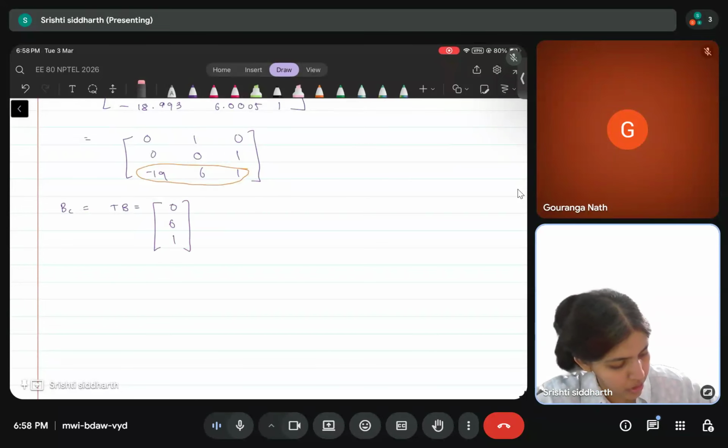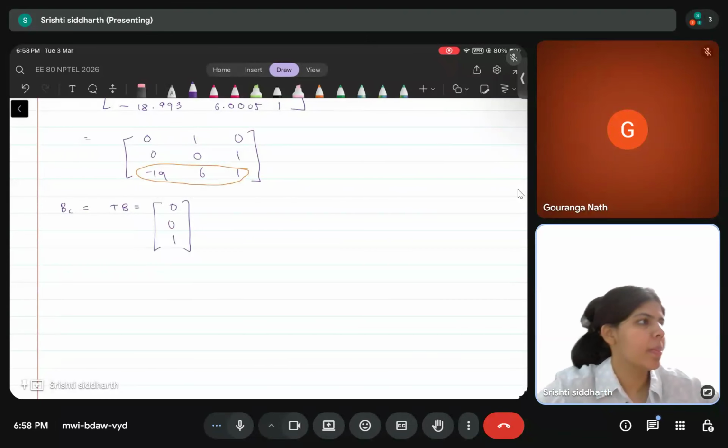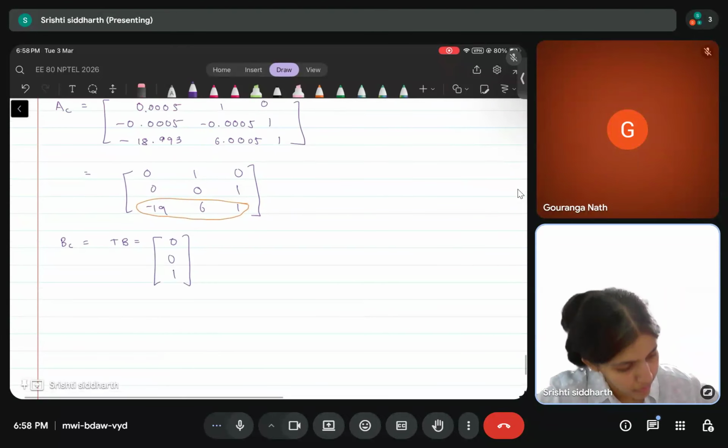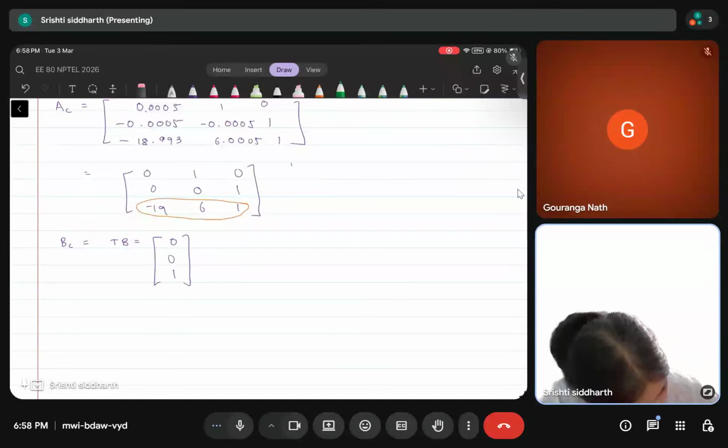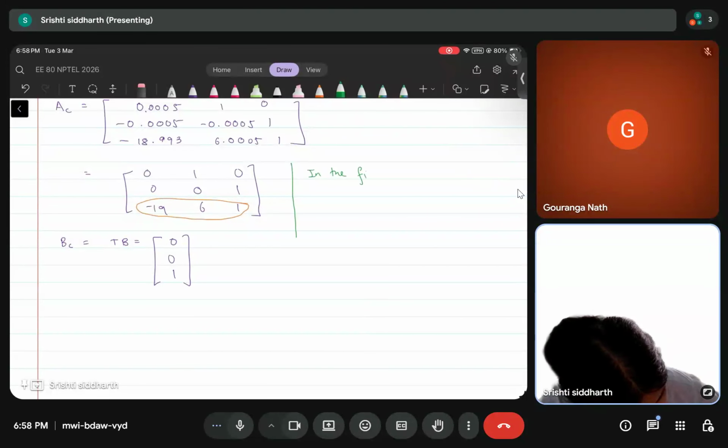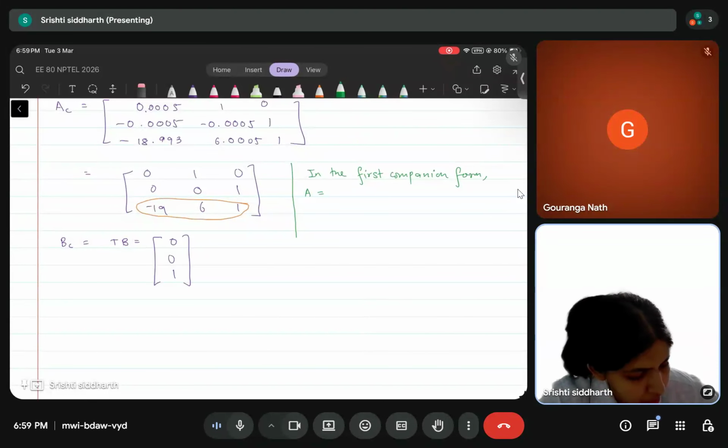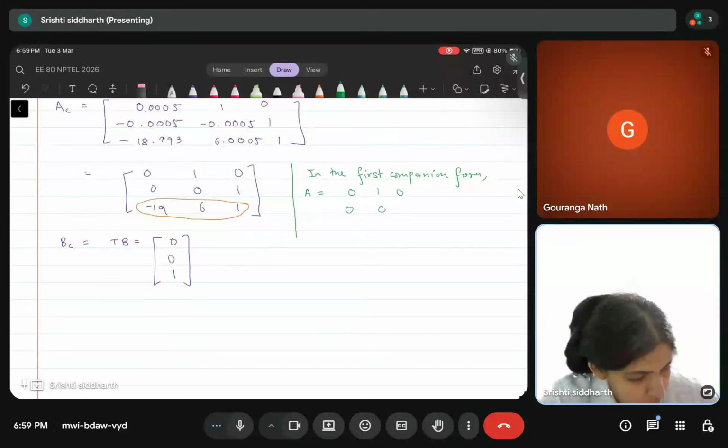You should check the calculations if you don't get this. So in general, the first companion form for a third order system should look like 0 1 0, 0 0 1, alpha 1, alpha 2, alpha 3.